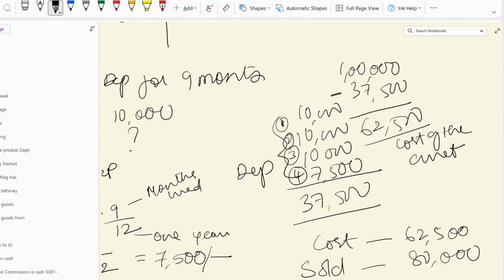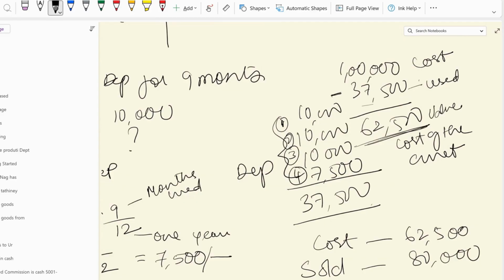So in total, 37,500 worth of machinery we used. From 1 lakh, if you deduct 37,500, what is the balance? 62,500 is the balance. This is the actual value of the asset.